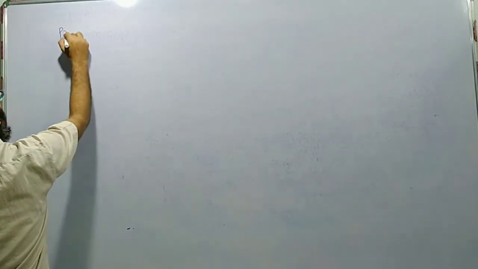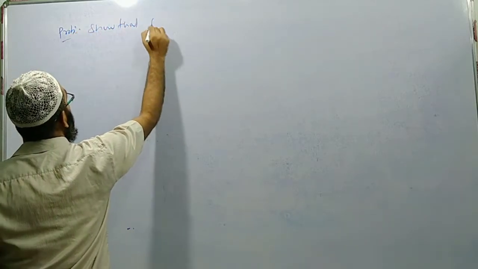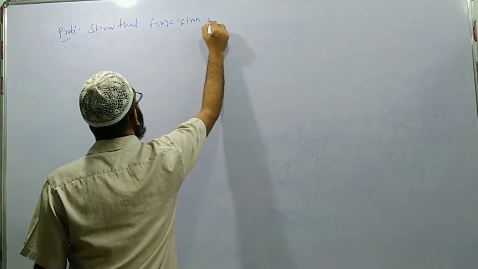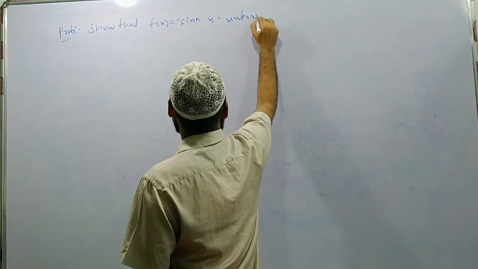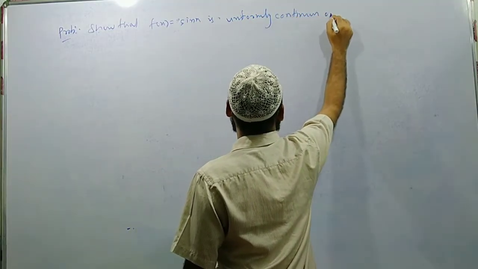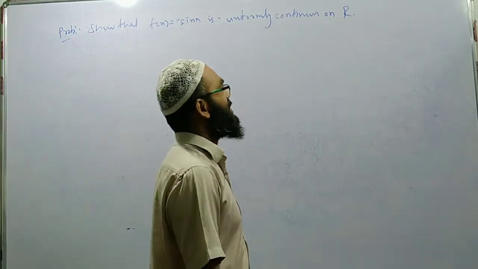Next problem: show that f(x) equal to sine x is uniformly continuous on R, the set of real numbers.